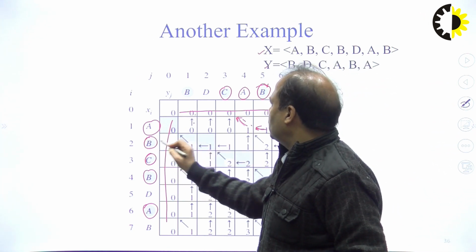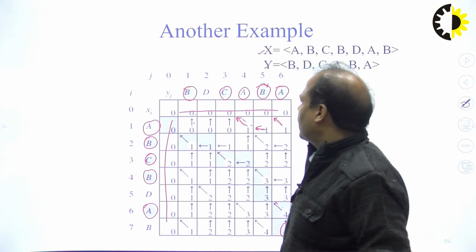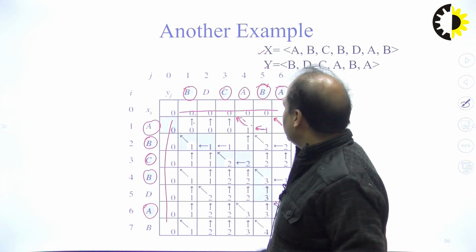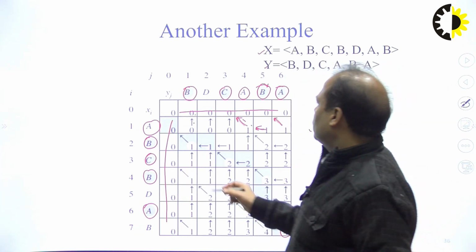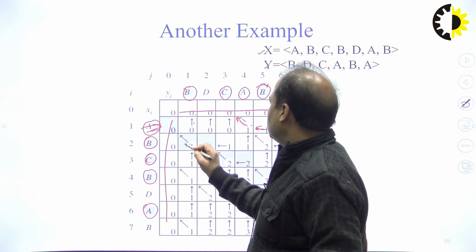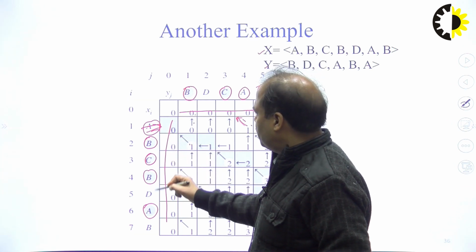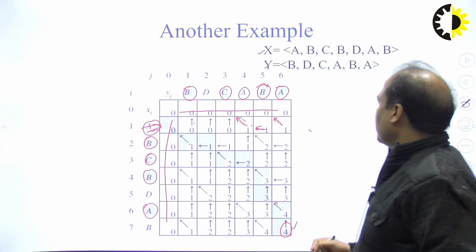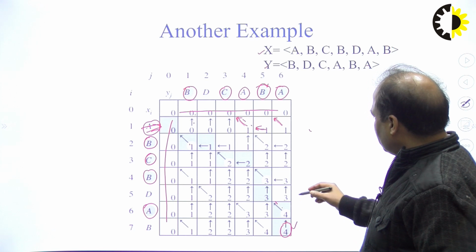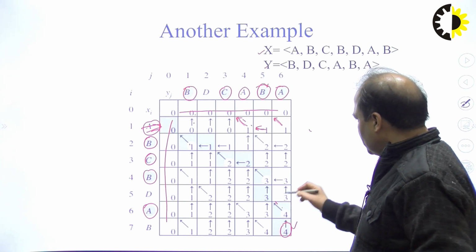Anytime you are going in this direction, this is part of the LCS. So your LCS is ABCBA. No, this is not. This is not going to be the LCS. Only this is the LCS. So BCBA, BCBA.